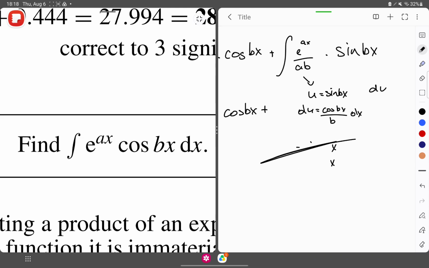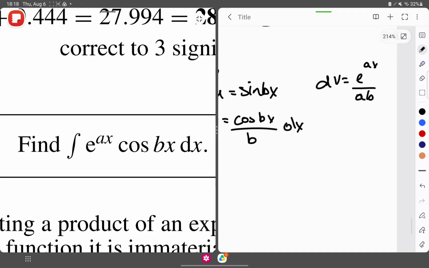what about the other one? dv, e to the power of ax over ab.